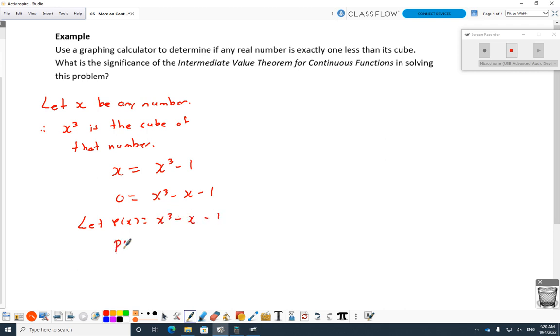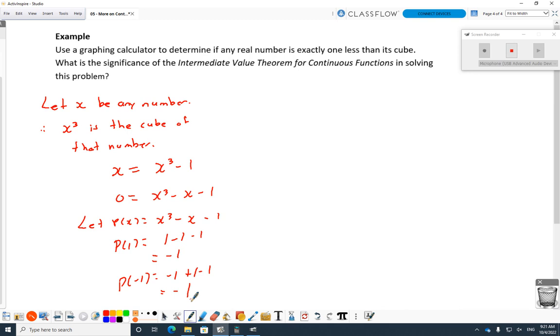P at 1 equals 1 minus 1 minus 1 equals negative 1. Well, that didn't work. P at negative 1 equals negative 1 plus 1 minus 1 equals negative 1. And Mr. Todd said if it didn't divide into the negative 1, it wouldn't work. It doesn't factor.